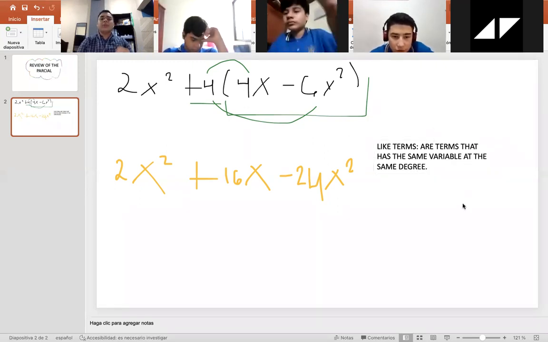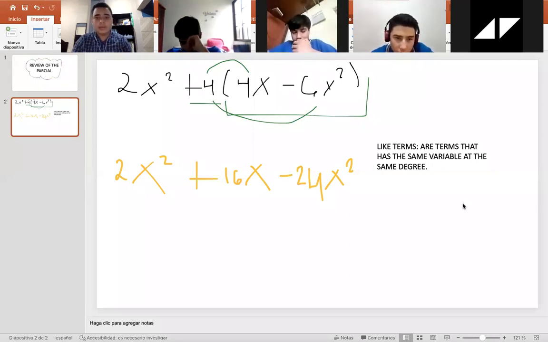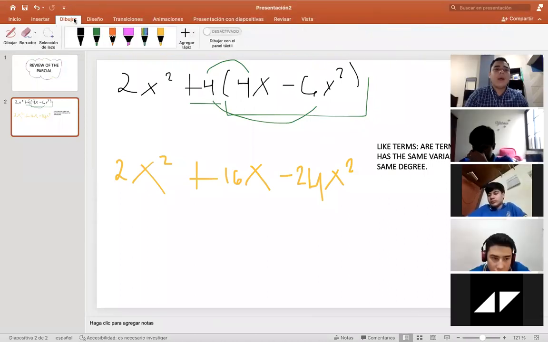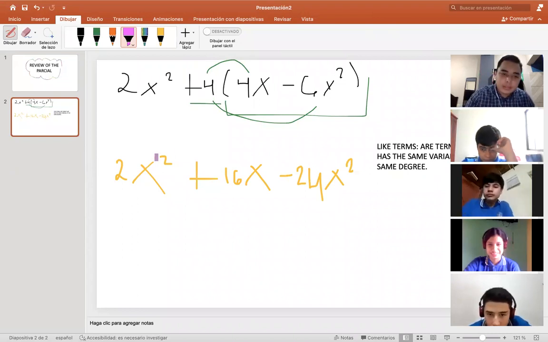So, do you see, guys, any term that has the same variable at the same degree? In our polynomial, do you see any like terms? Yes or no? Which one, Alondra? 2x squared and negative 24x squared. Yes.